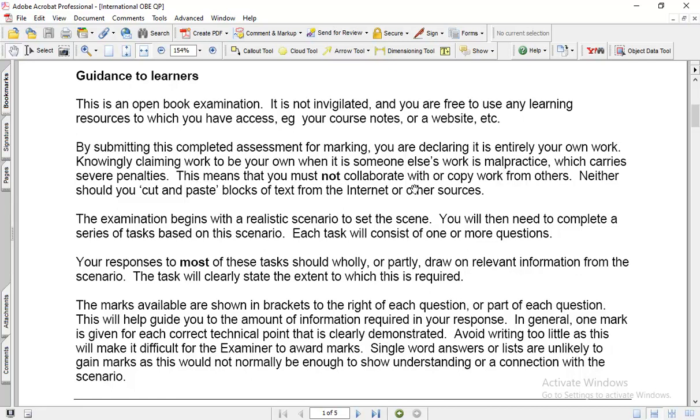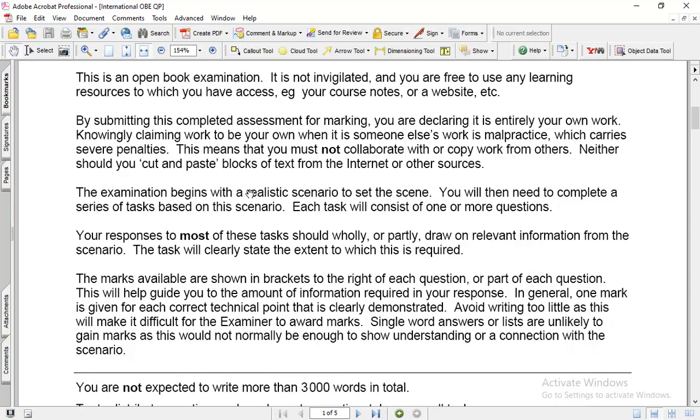You are allowed to find details from the internet, but not to cut and paste from the internet or any other source, as NEBOSH uses Turnitin software in order to detect any plagiarism, any copy paste, and any similarities in other learners' answer sheets.